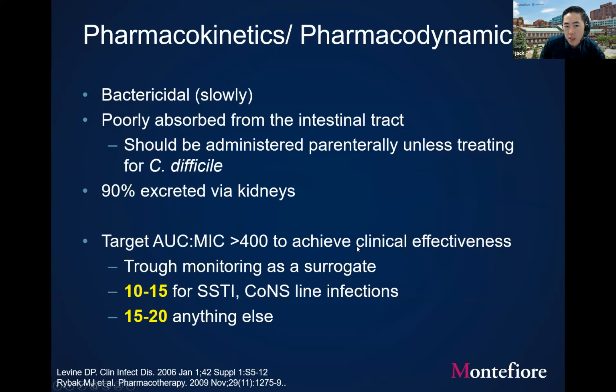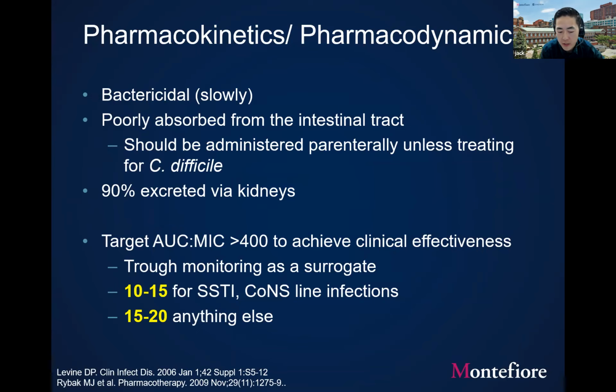In terms of its kinetics, it's a slowly bactericidal drug, meaning that even though it is bactericidal, it works slowly. This is pretty much the reason why it's not as effective against MSSA compared to a very rapidly bactericidal agent like a beta-lactam. It's pretty poorly absorbed from the intestinal tract, so you're not really giving it PO unless you're treating C. diff, and the majority of it is excreted via the kidneys.